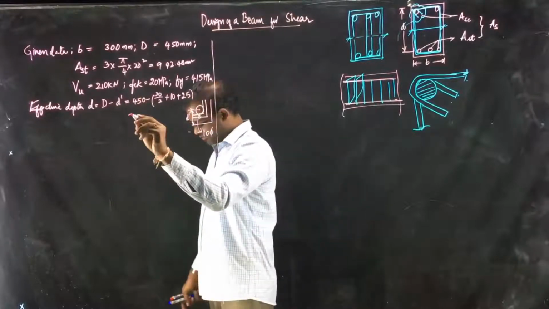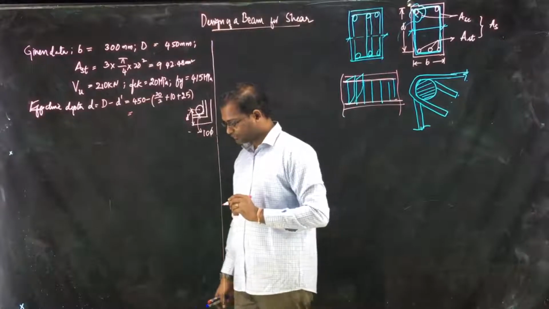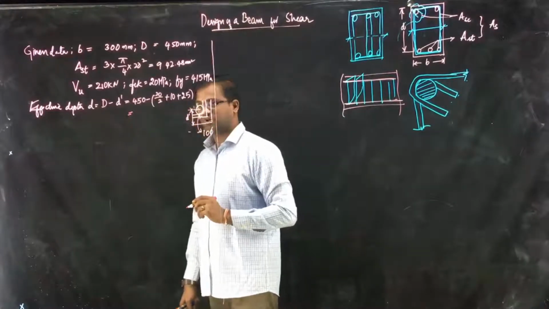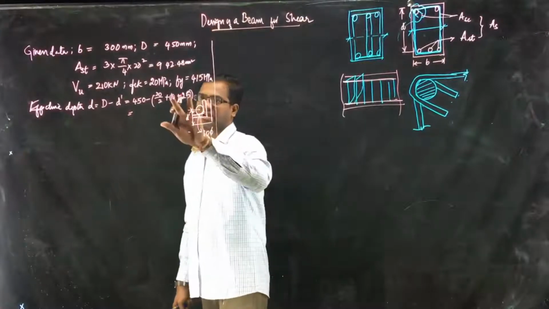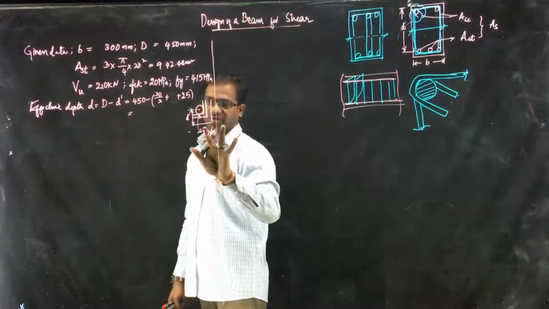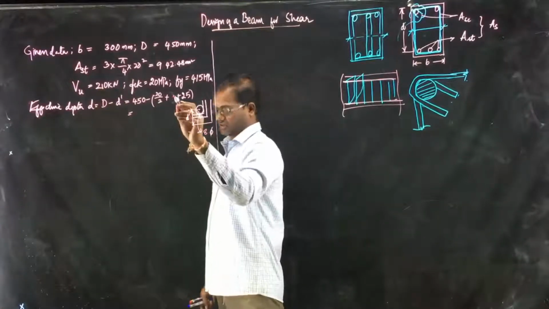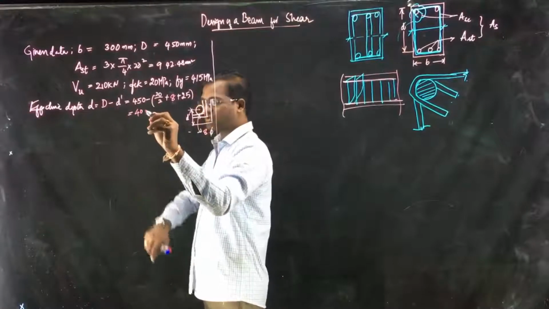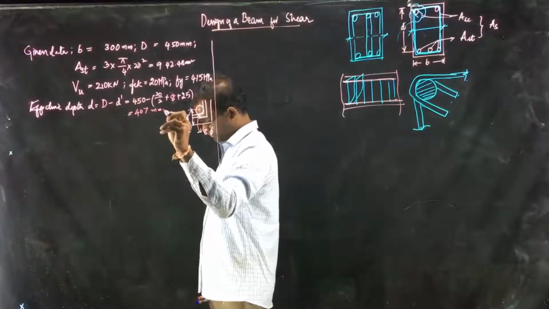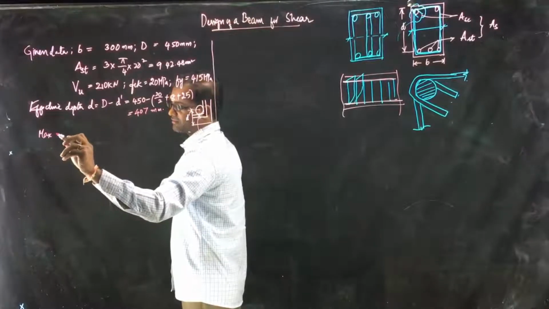If you calculate this, 450 minus 25 minus 20 by 2 minus, I'll take 8 mm rather than 10. You can take 10 mm also. This will come to 407 mm. And you need to immediately calculate the maximum.